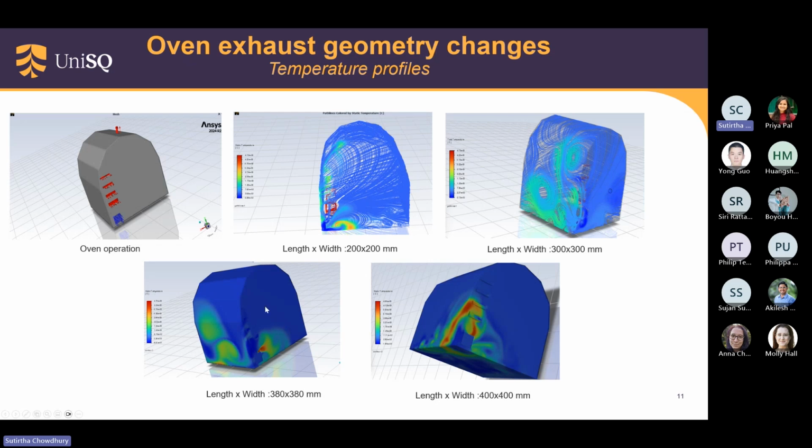And we can see some good results there, like it is getting 328 degrees Celsius in some areas of the walls. But when we put it at 400 by 400 mm, it only shows the duct back walls getting the results. So we have decided not to consider the 400 by 400 mm.